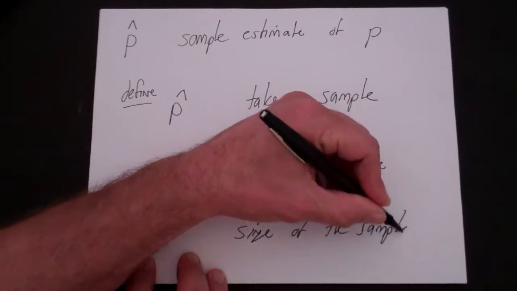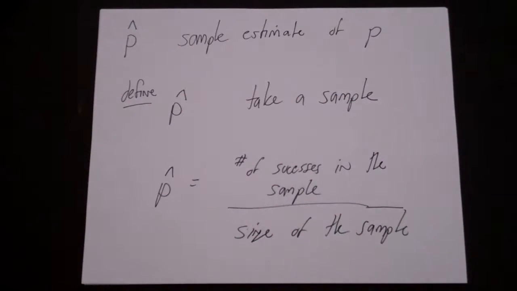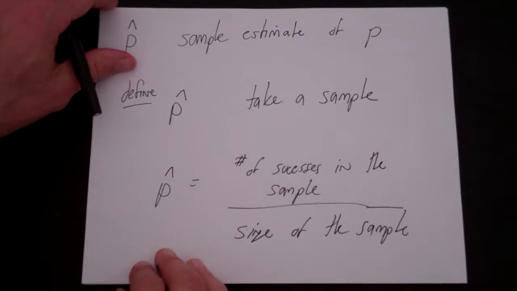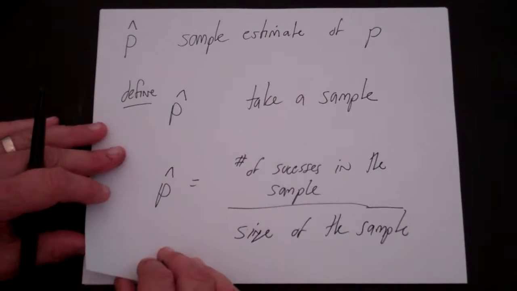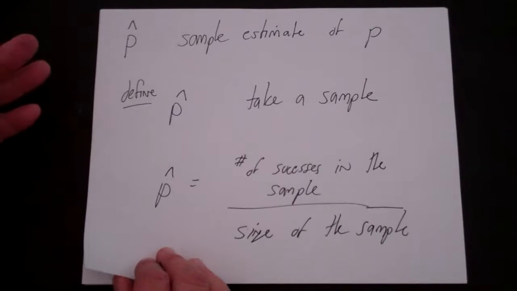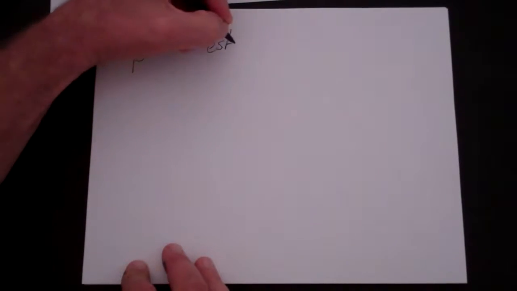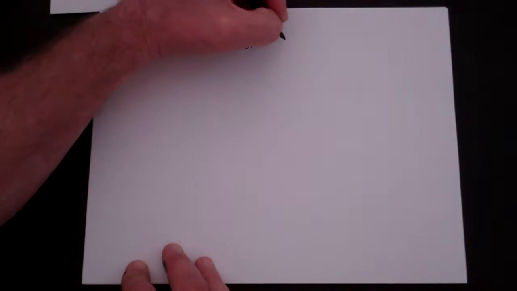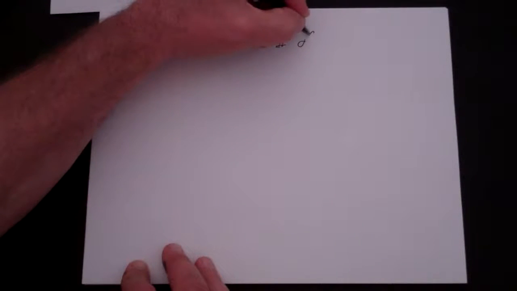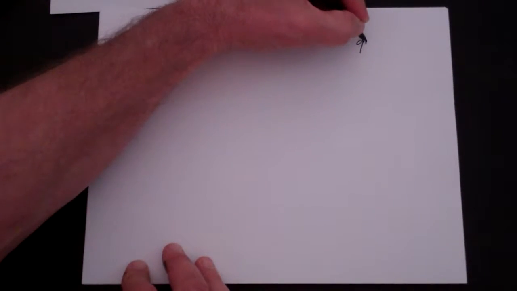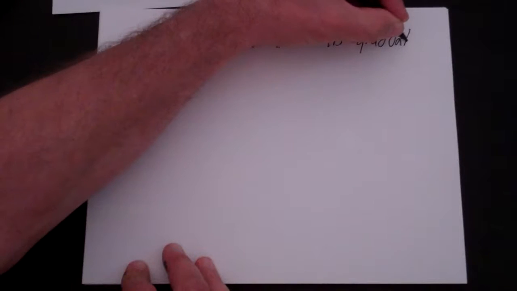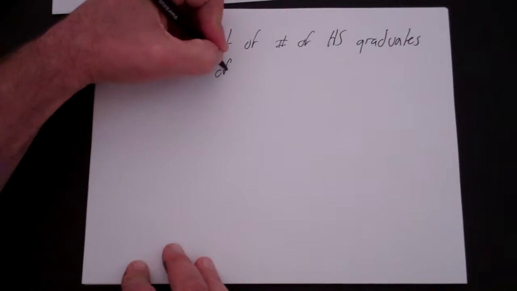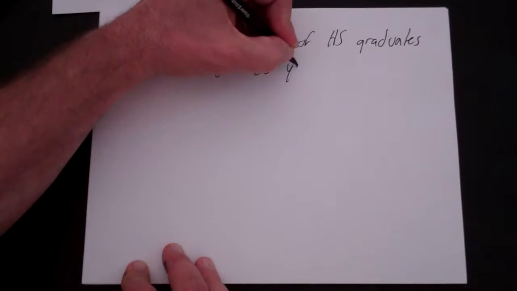For example, if you wanted an estimate of the number of 20-year-olds who have a high school degree, you would take a random sample of 20-year-olds and ask them, do you have a high school degree? So p-hat is an estimate of the number of high school graduates among 20-year-olds.